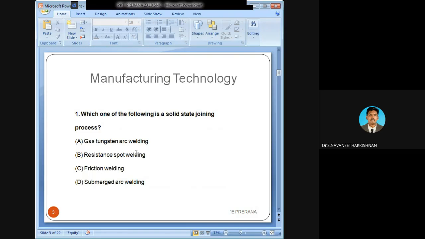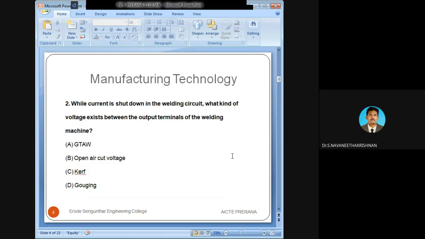In gas tungsten arc welding, the material will be melted. In resistance welding, the joining point of the two materials will be melted. In submerged arc welding, the material is also melted due to the high temperature. In friction welding, the two materials remain in the solid state. So the correct answer is friction welding.